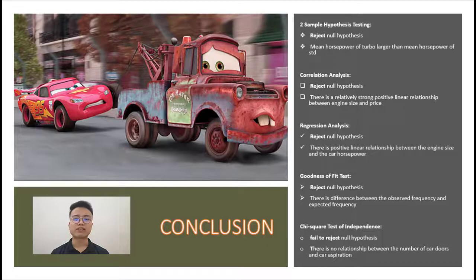For the regression analysis, I found out that there is a positive linear relationship between the car engine size and the car horsepower. For goodness of fit test, there is a difference between the observed frequency and the expected frequency of the fuel type used by cars. And finally, for our chi-square test of independence, I found out that the variables number of car doors and car aspiration are not related and independent of each other.